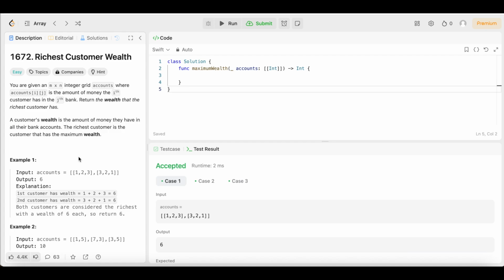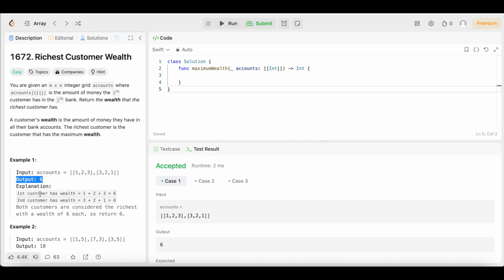So let's look at the example so we can see what they're talking about. Right now we're at example 1. We have input of accounts. It's a 2D array or m times n integer grid with the first array having integers 1, 2, 3. The second array has integers 3, 2, and 1. The output is 6.